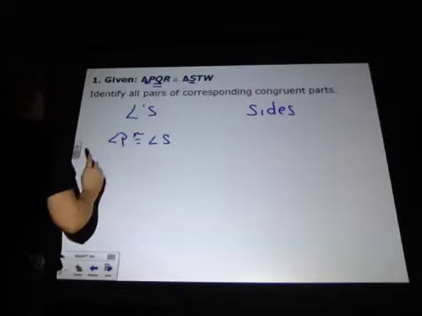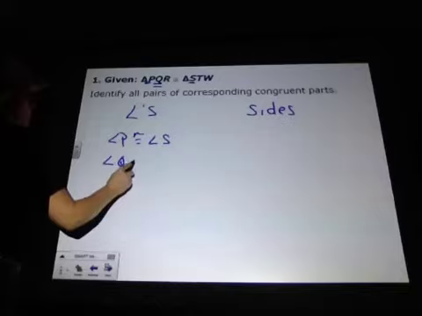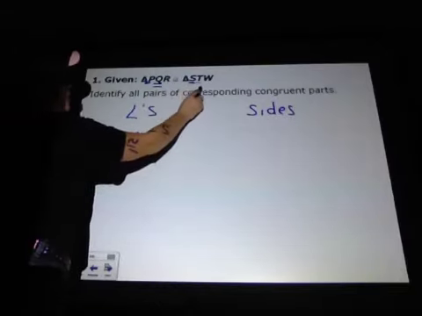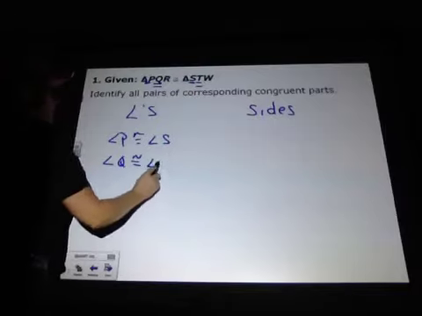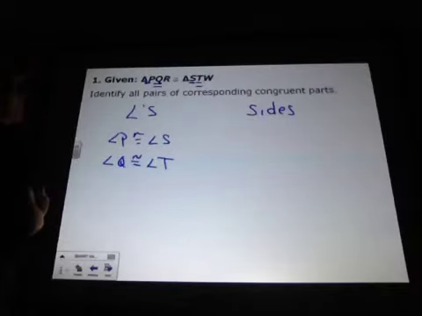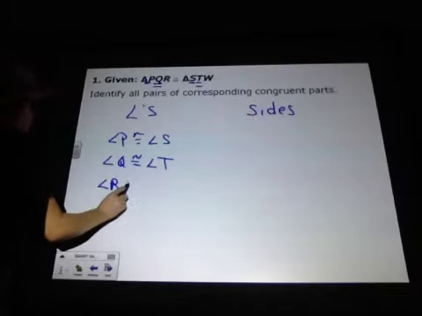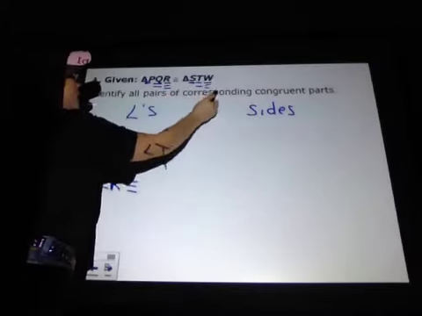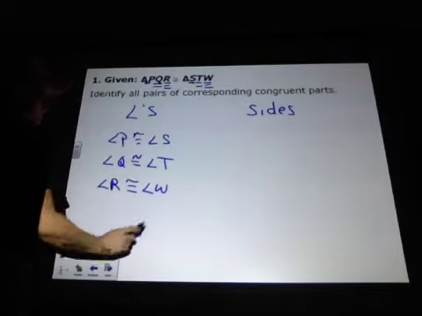Then we have angle Q. Angle Q is the second vertex listed, so angle T is congruent to angle Q. Angle R, our last vertex, is congruent to angle W.